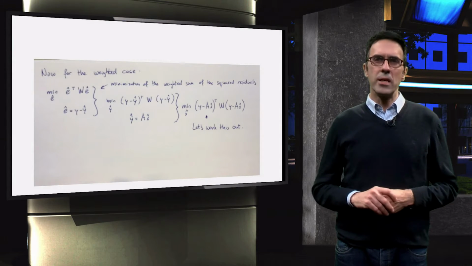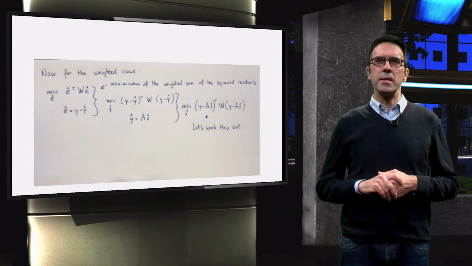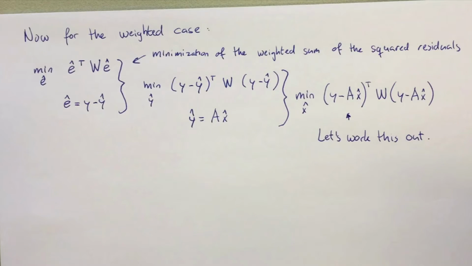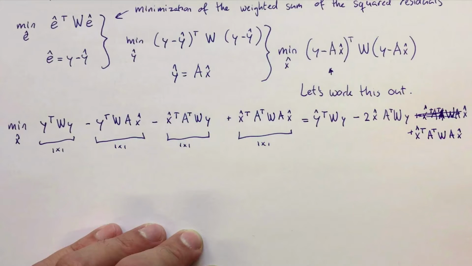Using standard matrix multiplication, we can write this into subsequent terms. Again, the minimization problem is decomposed into separate elements, which all have the dimension 1 by 1, which enables us to simplify the equations considerably.